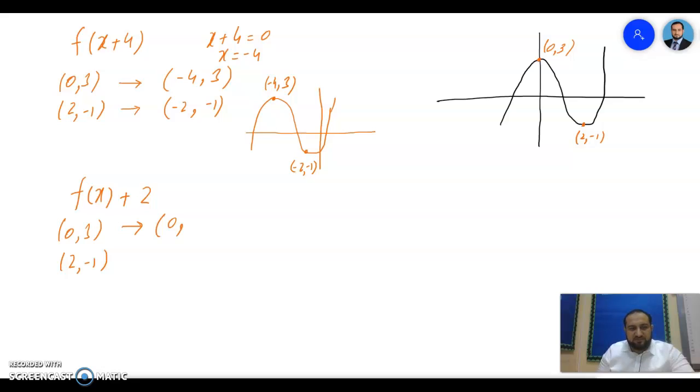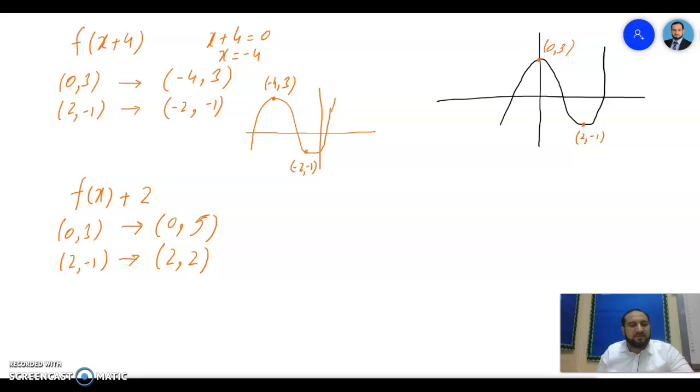We are at 3, so 3 plus 2 will make 5. And then here, the x coordinate will stay as it is, but we are at -1. Once we move 2 up, this will be +1. Sorry, -1 plus 2 is +1.